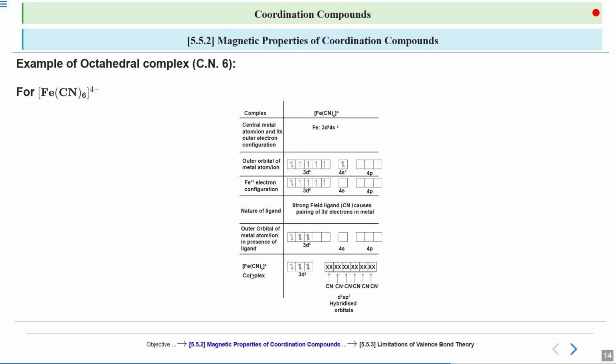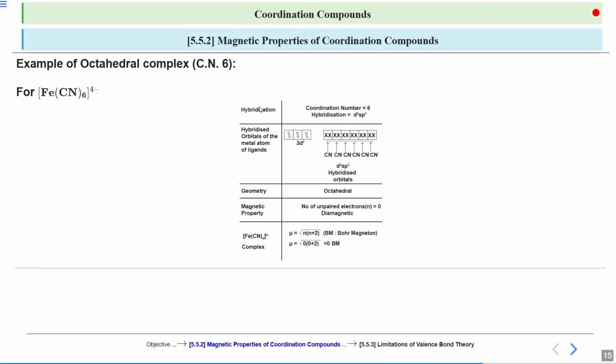For this complex [Fe(CN)6]4-, we get paired 3d6 electrons and 6 empty hybrid orbitals, which are d2sp3 hybridized orbitals, in which the cyanide ligands approaching the iron to form coordinate covalent bonds are going to donate their electrons to form the bond. So each cyanide ligand will donate its electrons into these 6 hybrid orbitals.